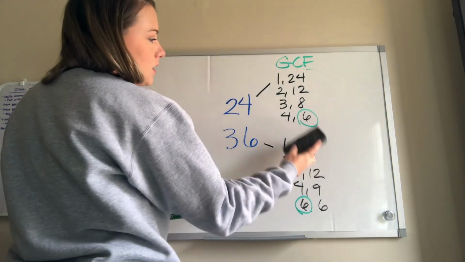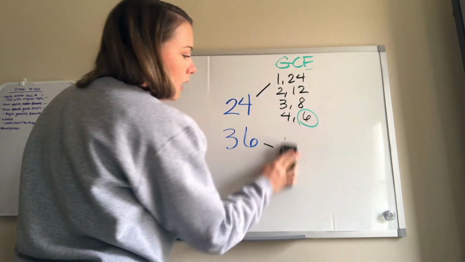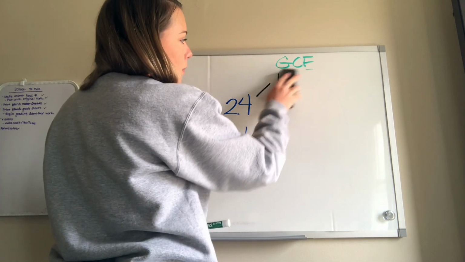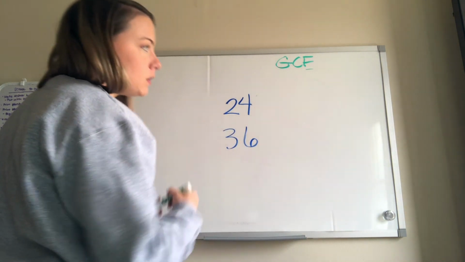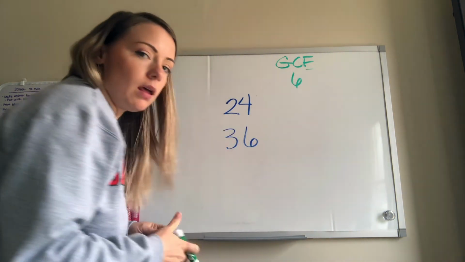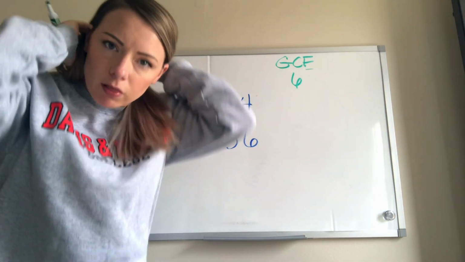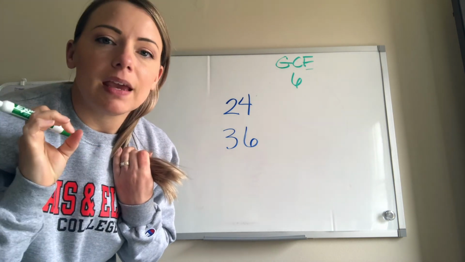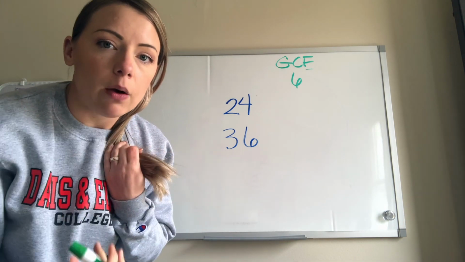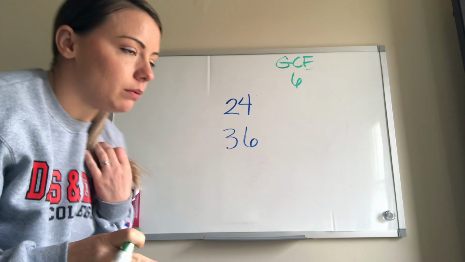Sorry about that. What I'm getting at here is that I've found the GCF of both of those numbers is 6. So in this section, you're going to look for your GCF, and then you're going to factor out the GCF. Let me show you what I mean by that.